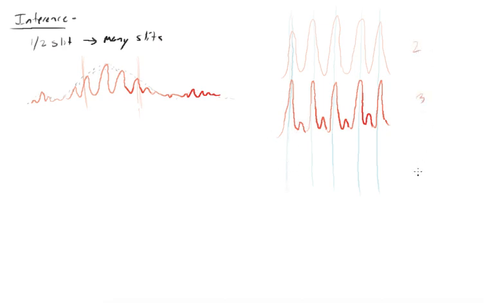This would be 3. When we went to 4 slits, it's going to make them even narrower, and I'm not sure I'm going to be able to draw beyond that. Then there'd be 2 bumps, and then a narrower peak, and then 2 bumps. As you keep adding more and more slits, these bright fringes get narrower, and the bumps get shorter, smaller and more numerous.